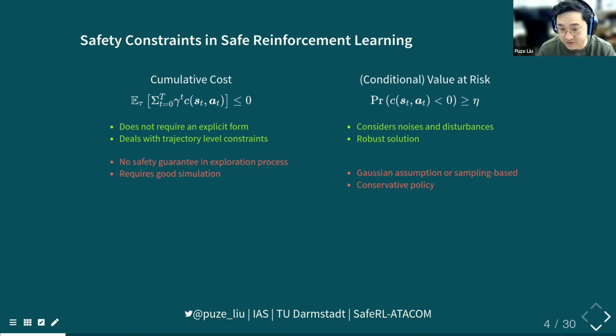But they also have some pretty limited assumptions. For example, you don't have sufficient mathematical tools except the Gaussian assumption, or you do sampling-based methods when working with conditional value at risk. And it always results in conservative policies.